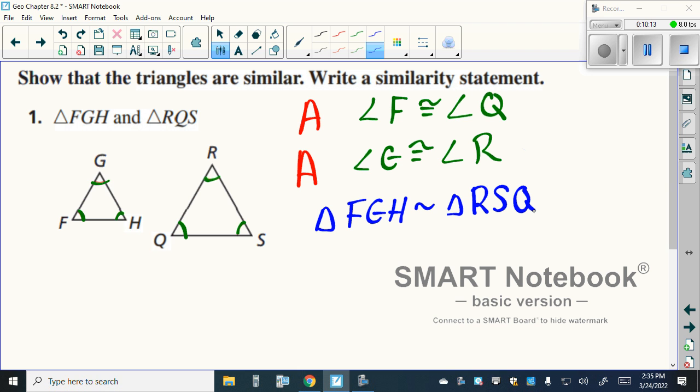Because this one's the one that's unique, since all three angles are the exact same, no matter how we write this statement, it's still going to be true, because any of the angles can match up to any of them. As long as I don't repeat one and say triangle RRR, that just doesn't work. That's just a point. But any way we do this one here would work.